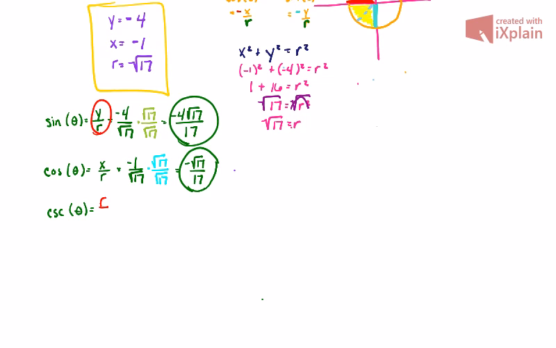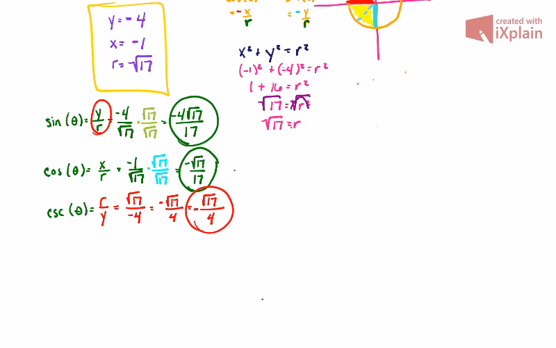So now I'm going to have r over y, which is going to become root 17 for r and negative 4 for y. Now, you can leave the negative down here, but what I would suggest in terms of presentation would be to either move it up, or if you want to go completely middle of the road here, put your negative right next to your division bar. Okay? So here is our cosecant.